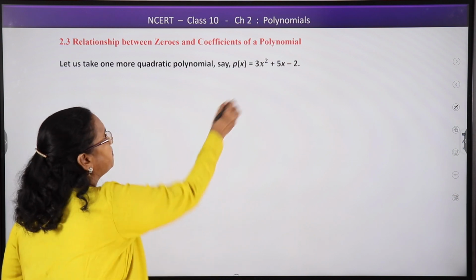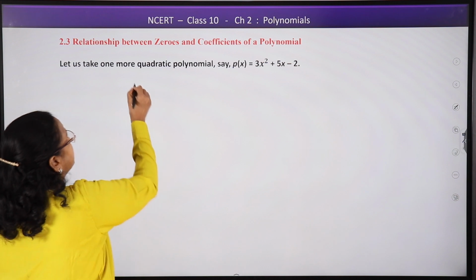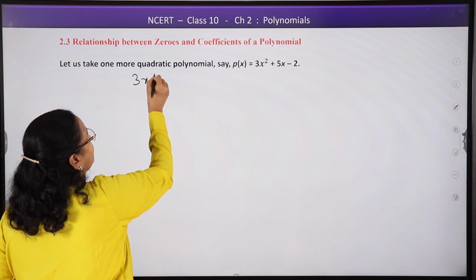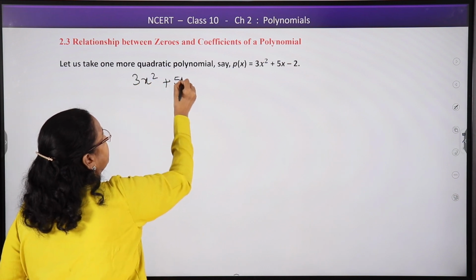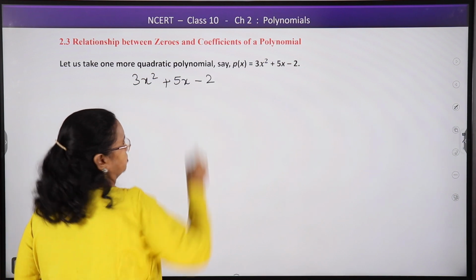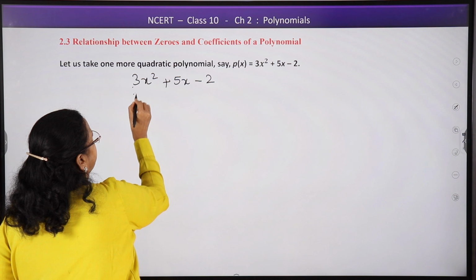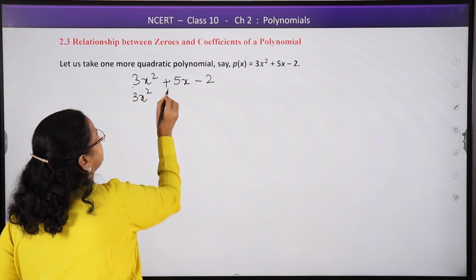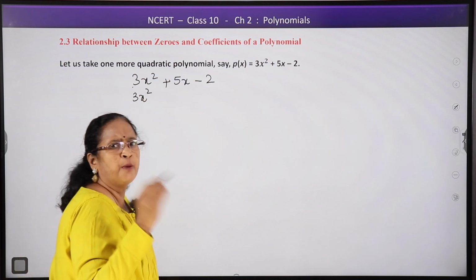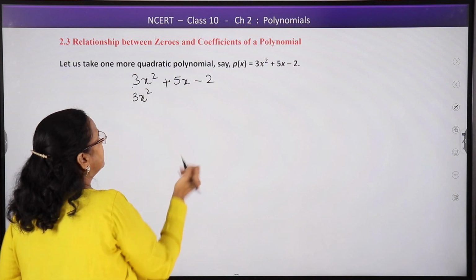Alright, now the polynomial is written as 3x square plus 5x minus 2. Now 3 twos are 6. Because it's a positive sign, there is no problem at all. Both are positive.